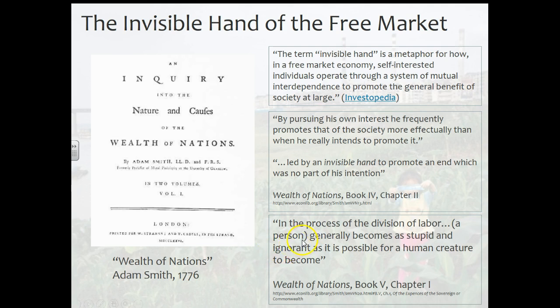But he was very concerned that by dividing labor, people would basically lose their own humanity. He was also very concerned that if you let free markets operate for too long, inequality will occur and it can cause a lot of problems. So just to be clear, the invisible hand is a very important concept that he came up with, but there were even some concerns when he wrote this book.